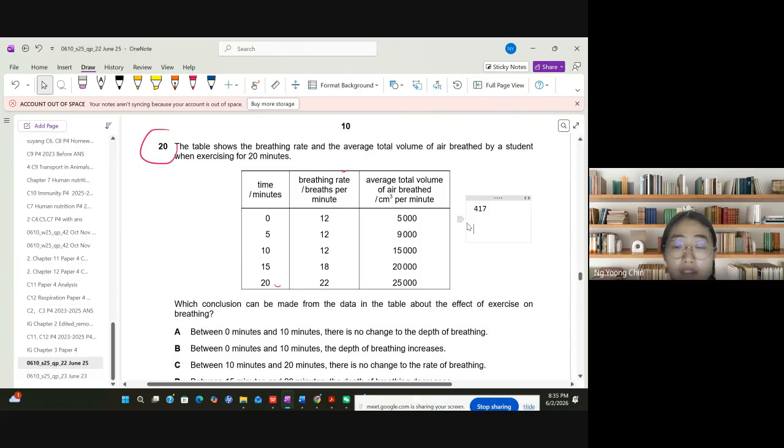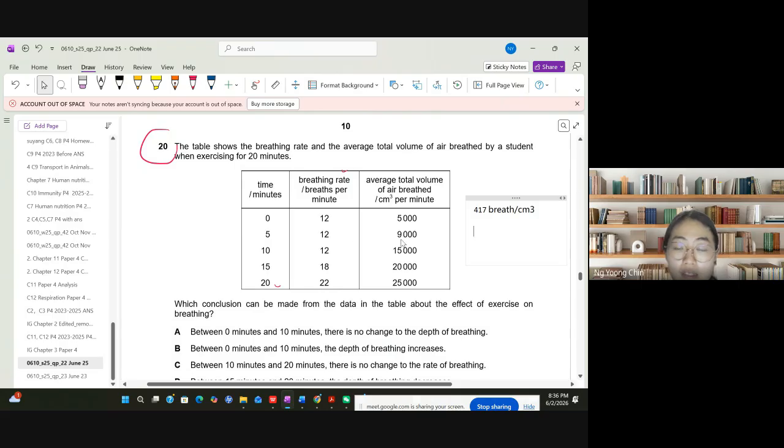So what does this 417 mean? Because it's breaths per minute, this is cm³ per minute. So this 417 is referring to the volume for each breath in cm³.